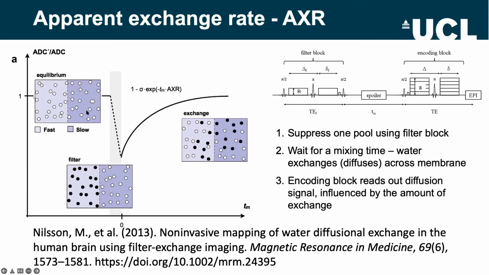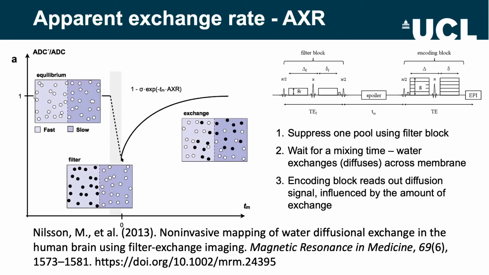We call that blood and extravascular signal for our purposes. We apply the filter block, and that's going to preferentially knock out the signal from one of the compartments. And for our purposes, this is knocking out the signal from the blood pool, whilst leaving the signal in the extravascular space relatively untouched. As I was just describing, if we then wait this time, TM, mixing time, we start getting exchange, mixing of the water between the two compartments.